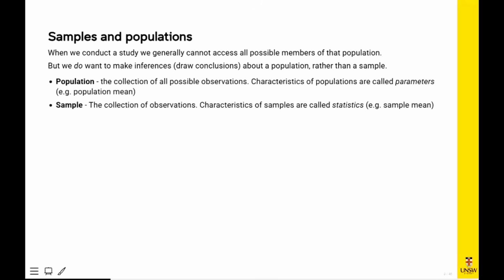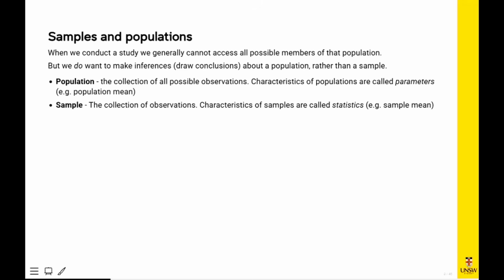So the population is the collection of all possible observations. And in statistics, where we consider the characteristics of populations, we call them parameters. So you might say something like a population mean, that's a parameter. We generally don't know what it is, but we're trying to estimate it.